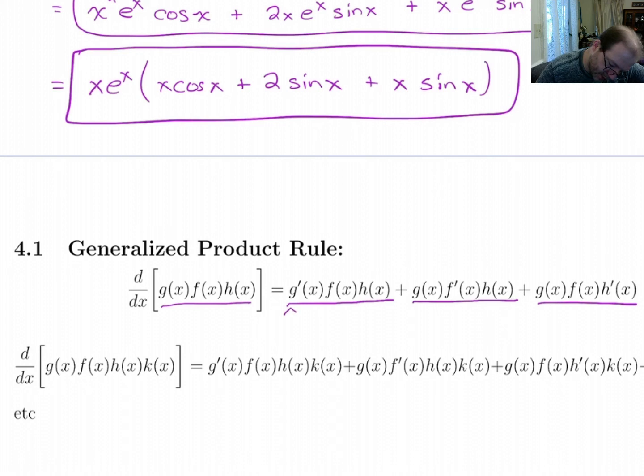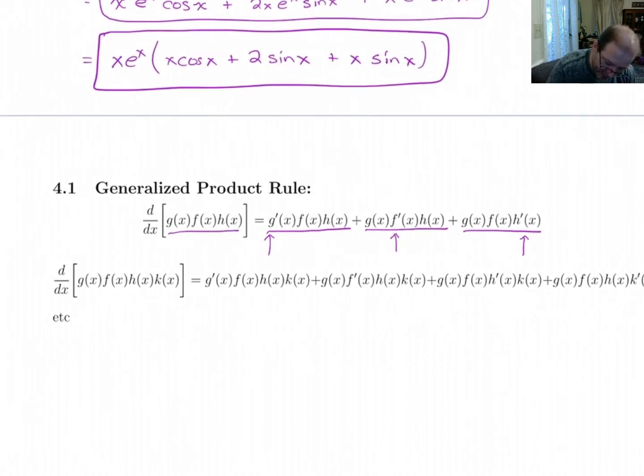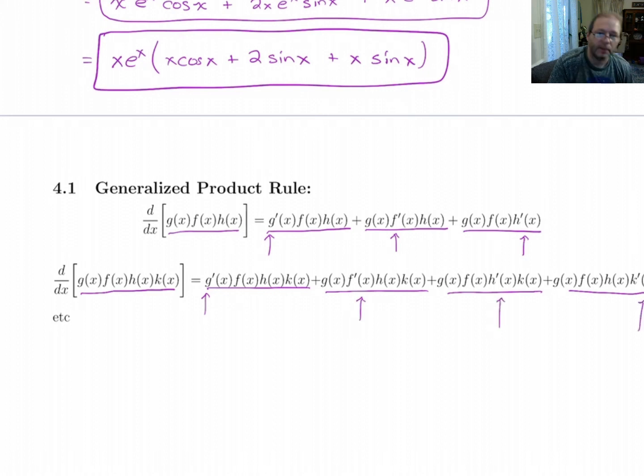Notice on this one, the prime is on G, then on F, and then on H. So you can do that, and that'll give you the derivative. If you have four things multiplied together, G, F, H, and K, we do the same thing. We list each of these 4 times. And on the first one, the prime goes on G, then on F, then on H, then on K.